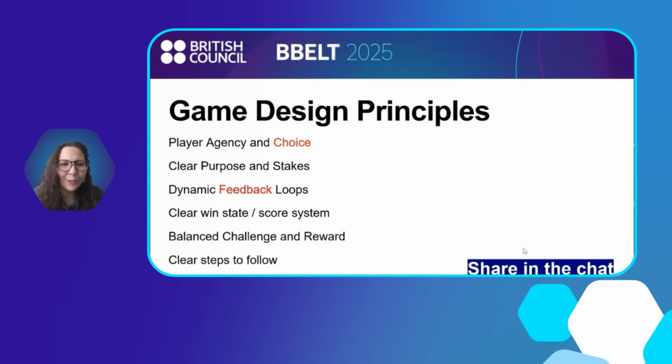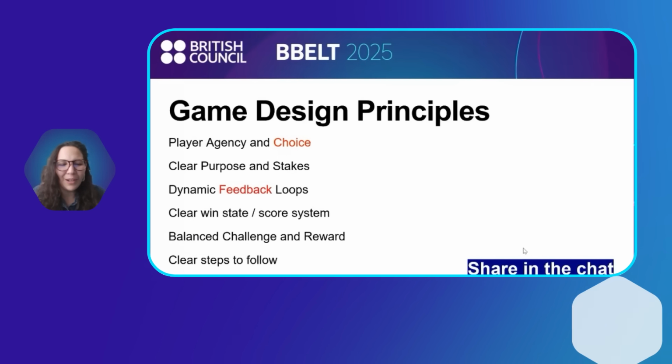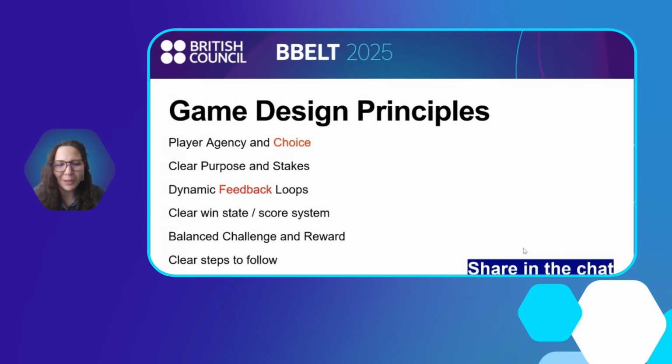So first of all, player agency and choice is something that we need to make sure exists. So the player needs to feel that they are an active participant in whatever they are doing, and also that they have a choice, that their choices matter, and that they matter in a way that, as we will see right after, has to do with balance and purpose. So the stakes also have to be very clear.